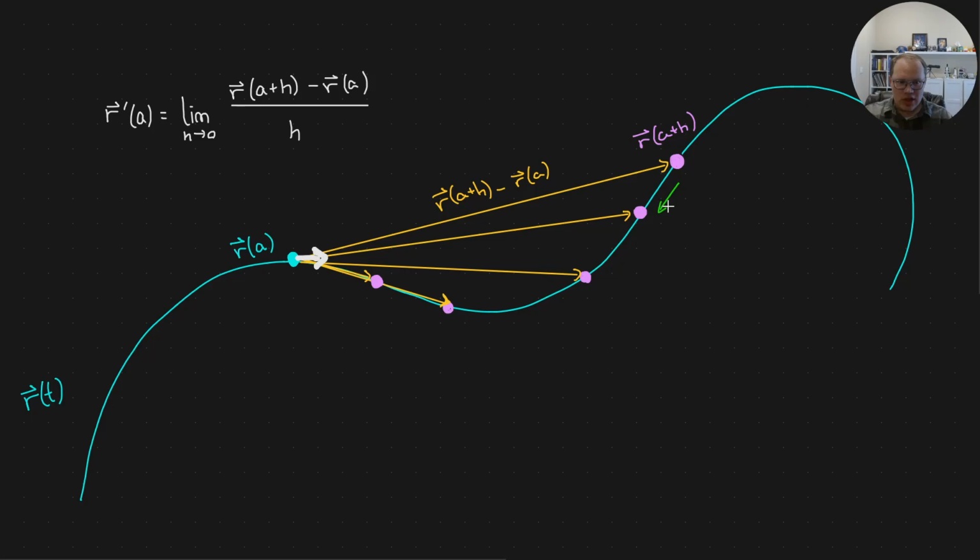But as h gets closer and closer to 0, what's happening to the vector? It's getting smaller and smaller and smaller, right? By dividing by h, it kind of corrects for that length adjustment. Otherwise, by the time we get back here, the length of the vector would be 0, right?